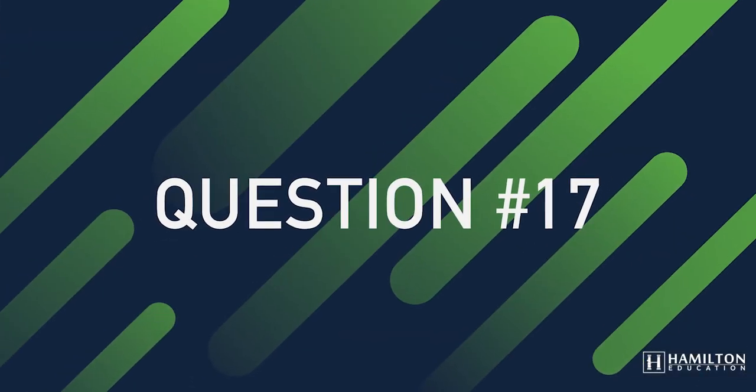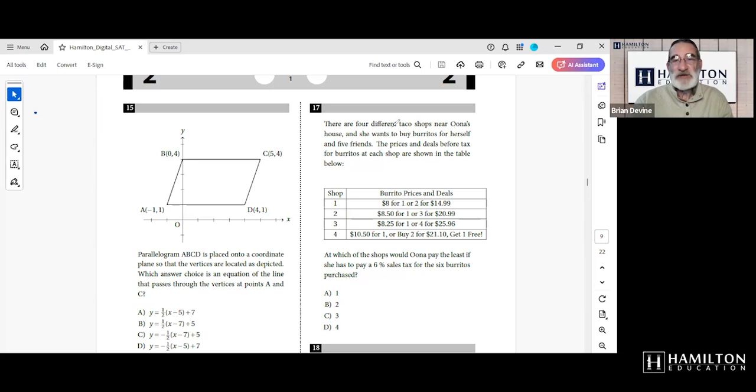Number 17. There are 4 different taco shops near Una's house, and she wants to buy burritos for herself and 5 friends. So 6 burritos. The prices and deals before tax for burritos at each shop are shown in the table below.